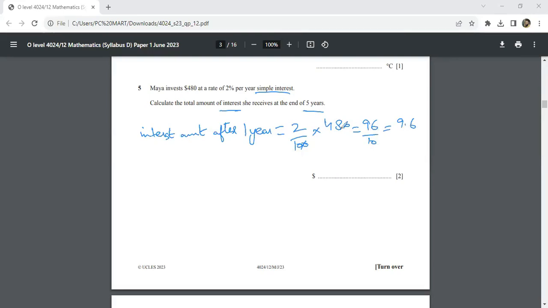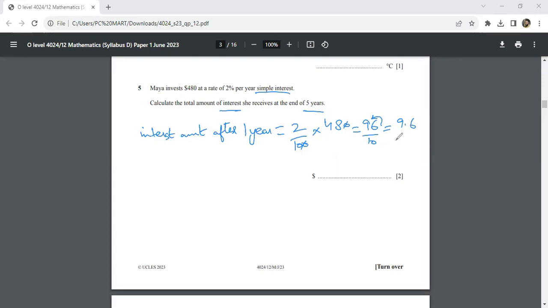Okay, 48 multiplied by 2 is 96. Twice, the double of 48 is 96. So 96 divided by 10. Again, the decimal will move towards the left, and 96 will become 9.6.